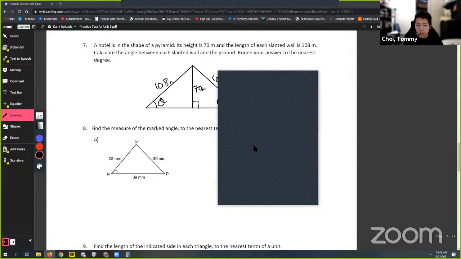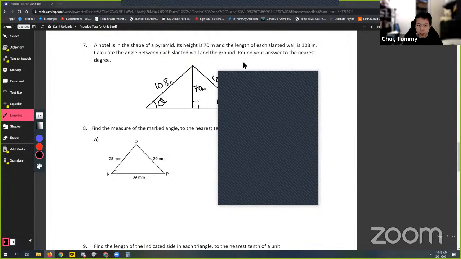The restriction for SOHCAHTOA is that it must have a 90-degree angle. If it doesn't have a 90-degree angle, SOHCAHTOA is out of the question. Sine law requires an angle side pair. There are no angle side pairs in question 8a. So as a result, cosine law is the only one you should be using to start off.